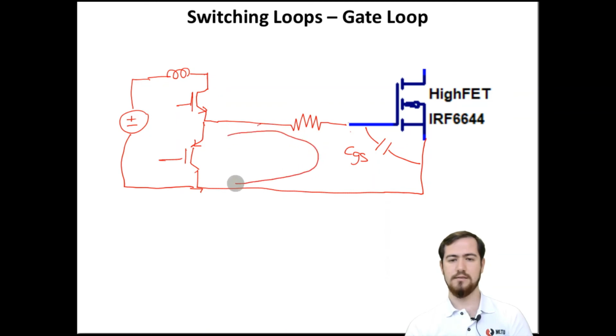However, as you can see now, the current is supplied by this power supply, and it sees some inductance on the path and returns back with a large inductive path. So what we need to do is again connect a high frequency gate loop capacitor to supply this current.